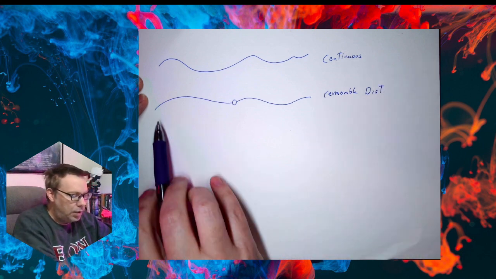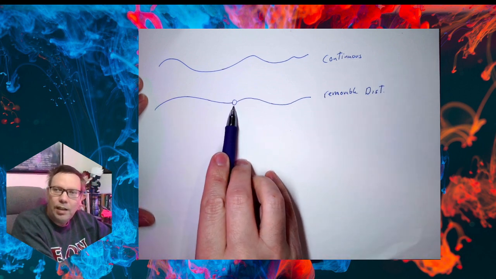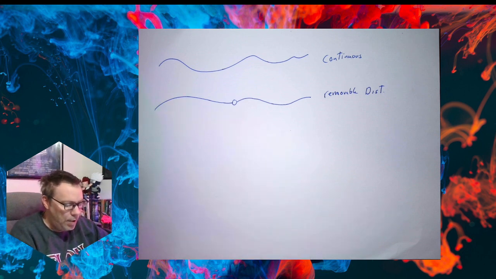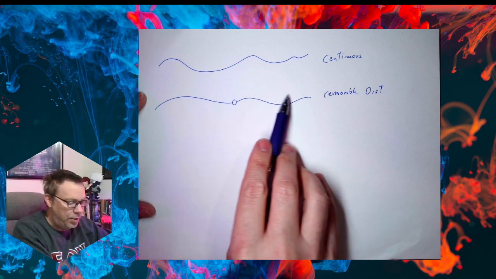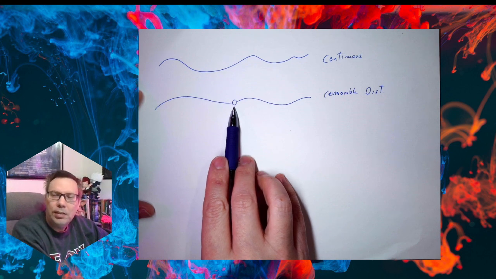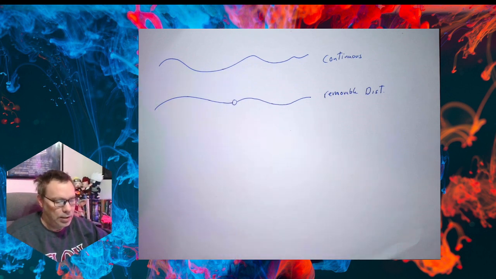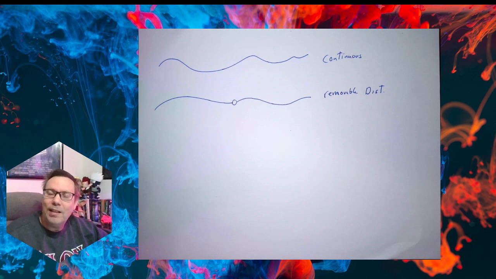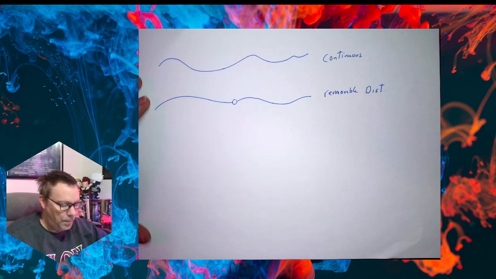In other words, I'm basically having a hole sitting in the middle of the graph. If I go from the left side to the right side, I have to go through this emptiness. And this is what we call a removable discontinuity. In a later video, I'll talk about why it's called removable, and that's more of an algebraic thing rather than a graphical thing.